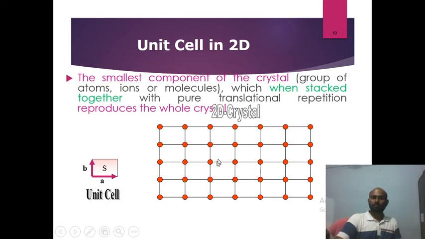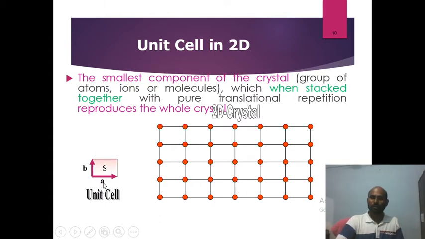Crystal structures are available in two types: two dimensional and three dimensional. In two dimensions, only length and height are available. Look here, this is one unit, then second, third. From that we get a regular periodic arrangement of a crystal structure, made of unit cells.